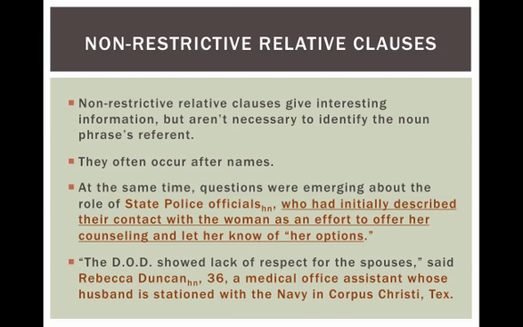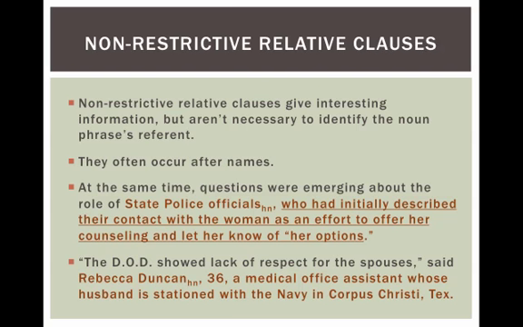So this sentence is complete if we put a period after state police officials, right? But the author of this article decided we needed more information about what was going on with these state police officials. So they added this non-restrictive relative clause.